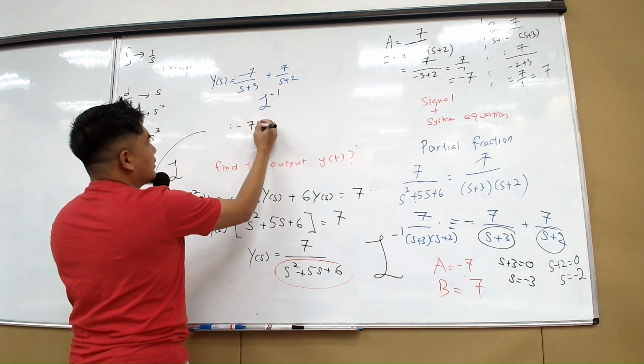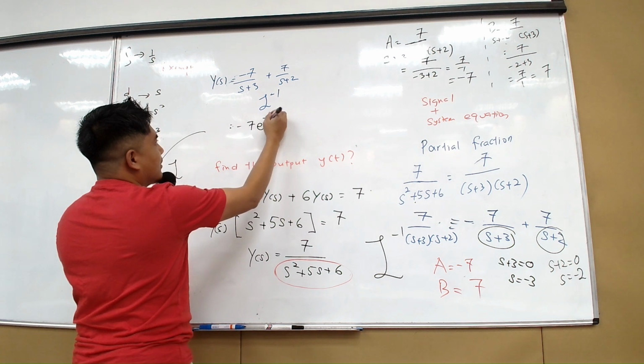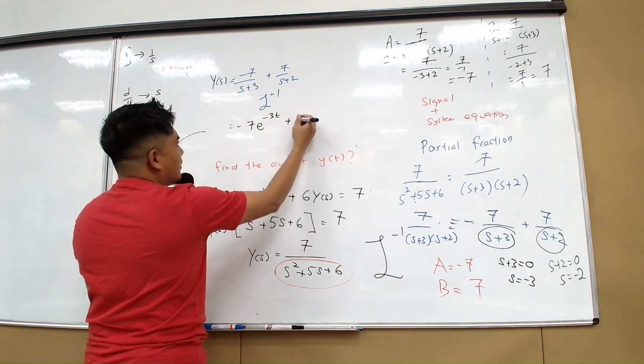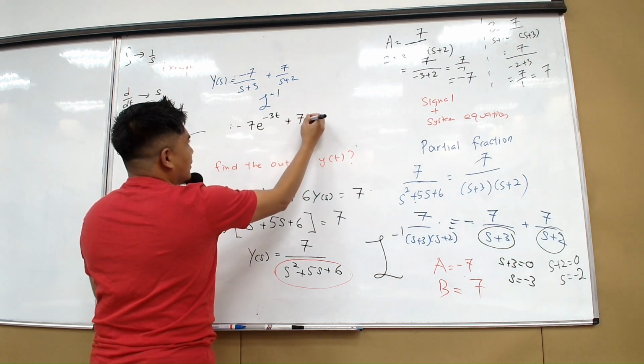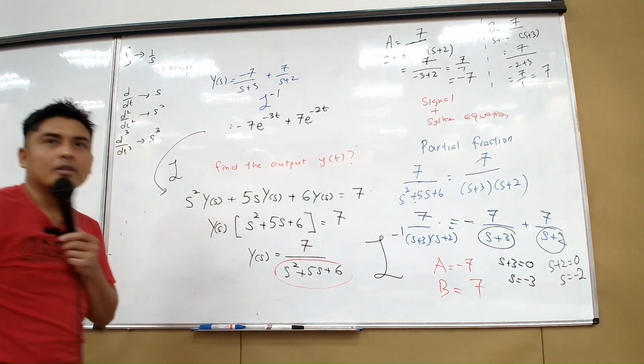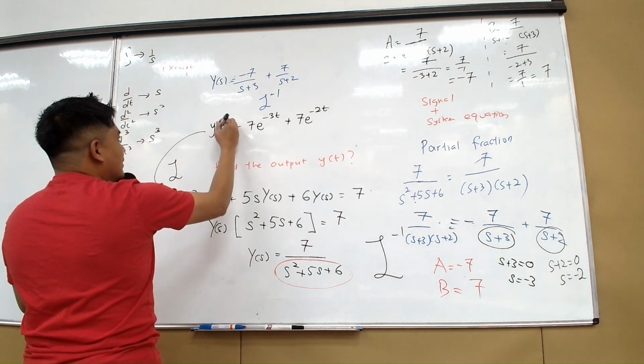Negative 7 e to the power of negative 3t plus 7 e to the power of negative 2t. So this is y(t).